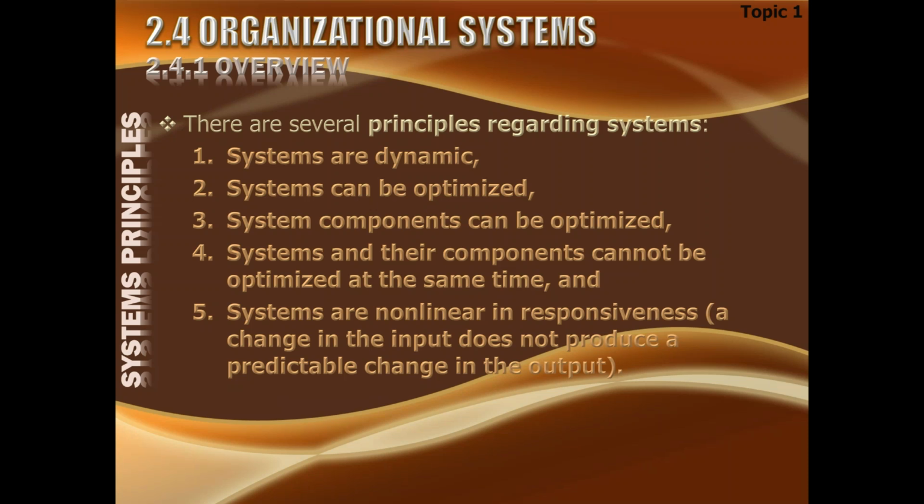Systems are non-linear in responsiveness. Change in the input does not produce a predictable change in the output. If inputs change, will the output also change? If not, then this is but natural.